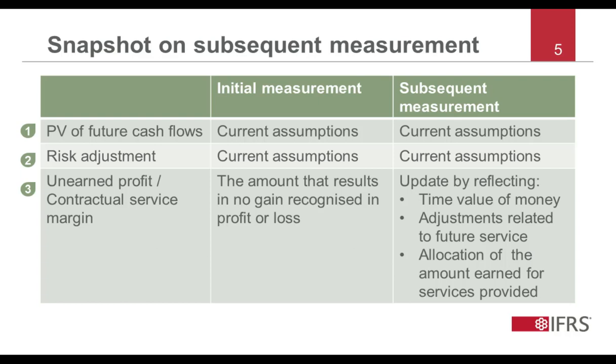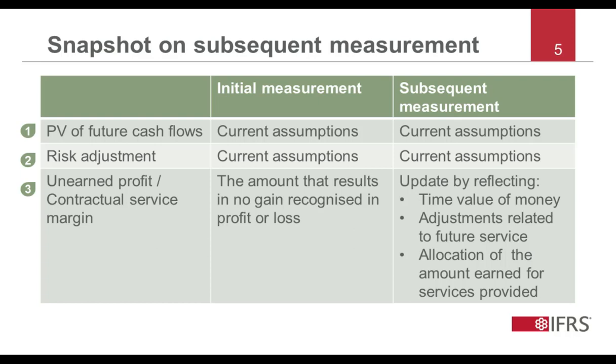For the contractual service margin, at the date of initial recognition, part 1 of the webinar discussed how the contractual service margin is determined as the amount that results in no gain recognized in profit and loss. After initial recognition, the contractual service margin is updated by reflecting the time value of money, by adjusting the contractual service margin for changes relating to future service, and then by allocating an amount earned for services provided and recognizing it in profit and loss.